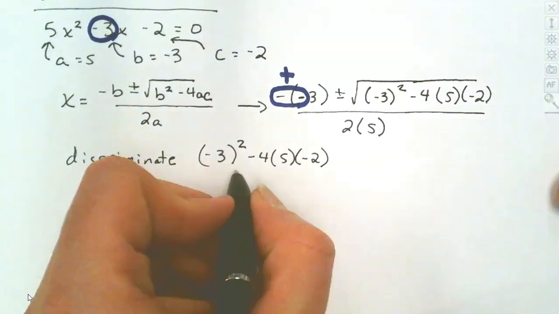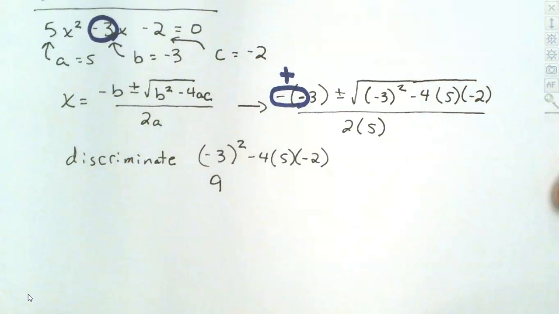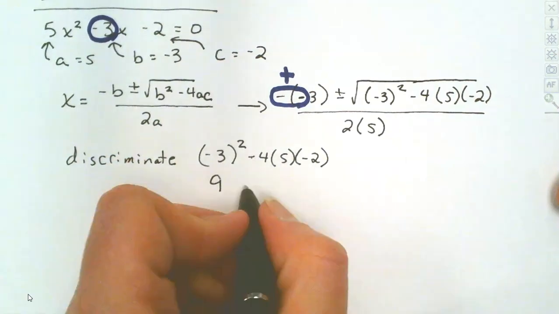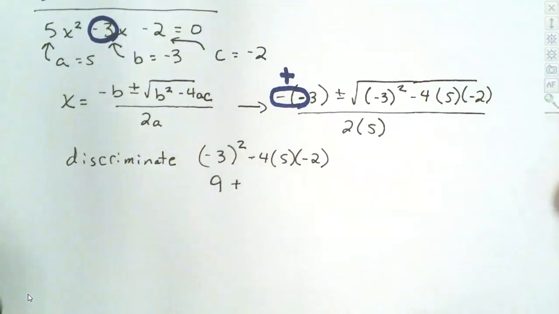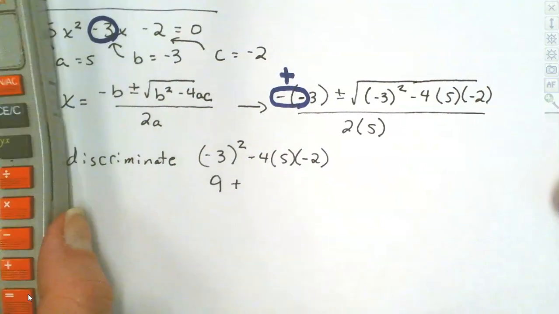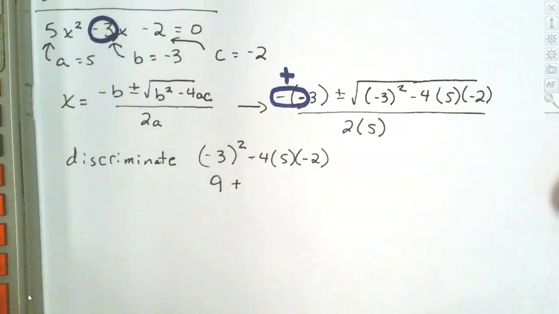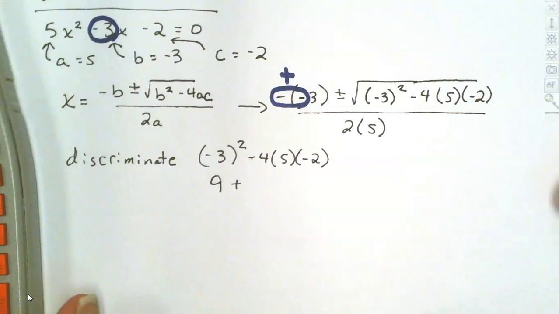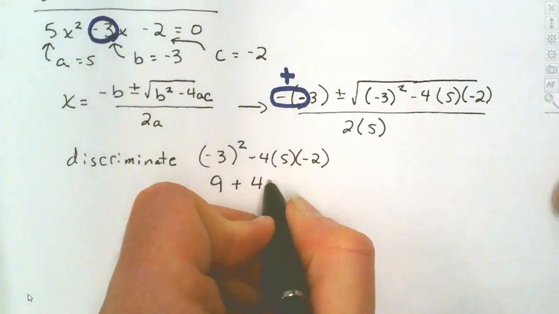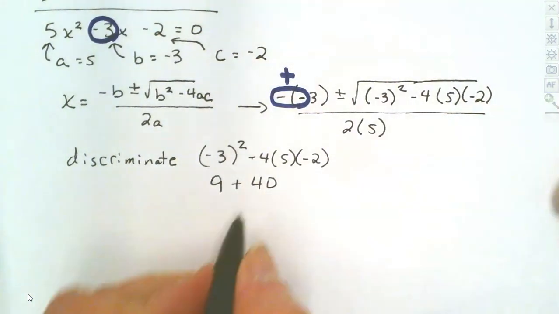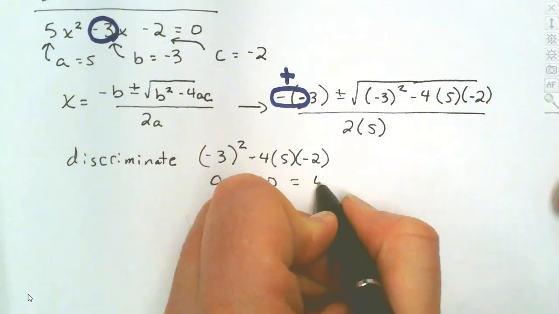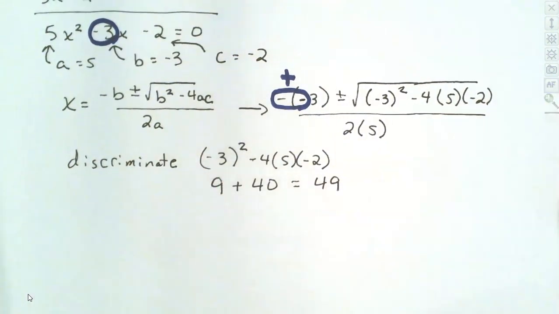Negative 3 squared makes it a positive 9. We have a double negative, so that's going to make that a positive. Then we have 4 times 5 times 2, which should make it a 40. Combining those together, we get a 49.